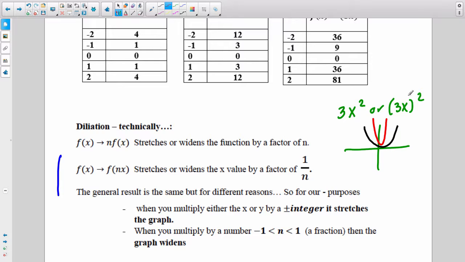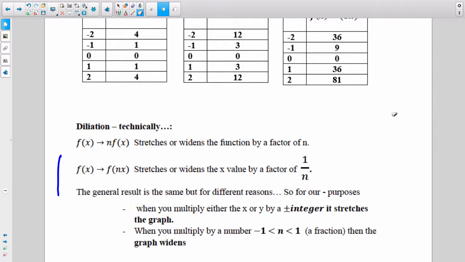Now this one might be much more thinner than this, but it does stretch it and makes it closer to the y-axis.